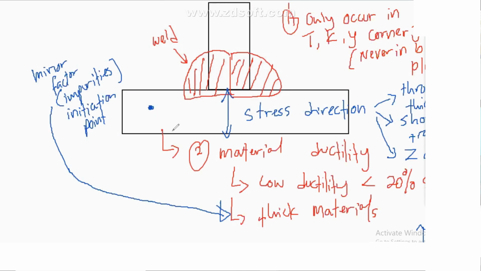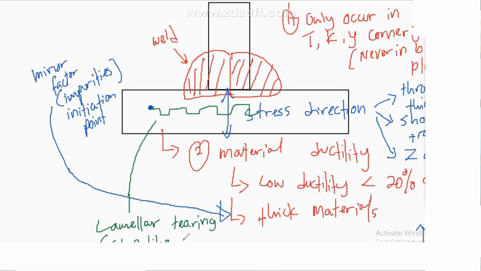Together with all these factors, as a result we get a crack, which they call lamellar tearing, also known as step-like cracking or step-like indication, because it's formed like this.